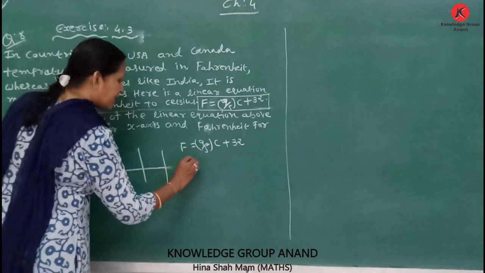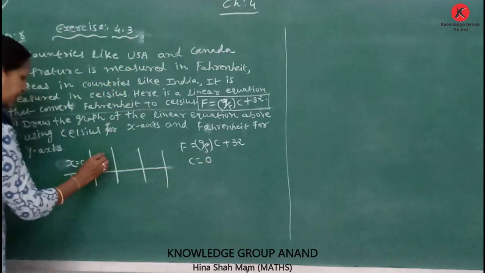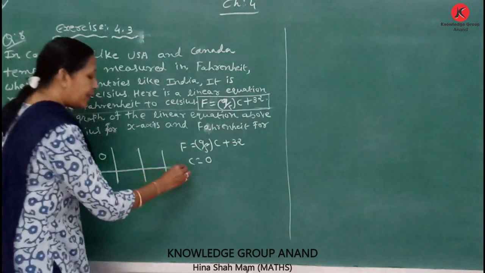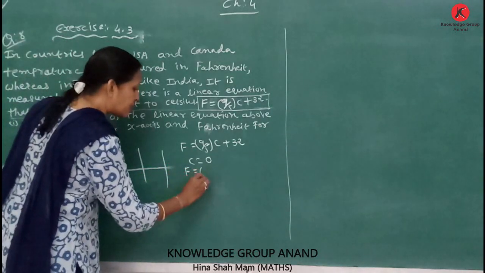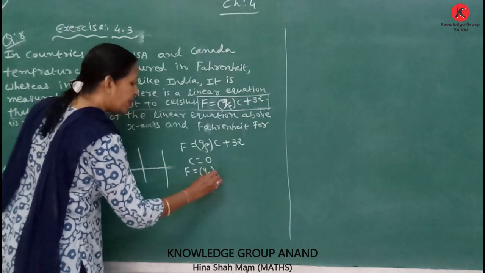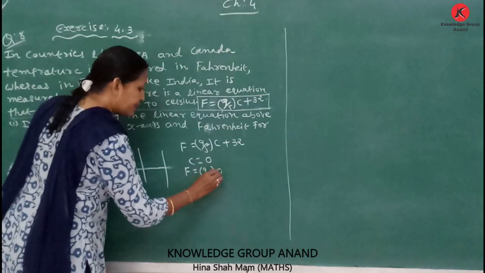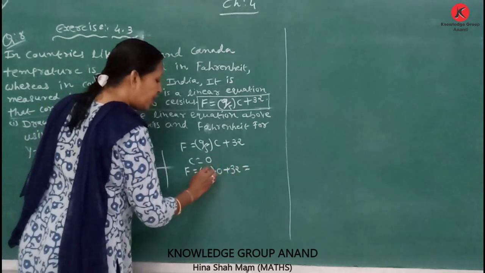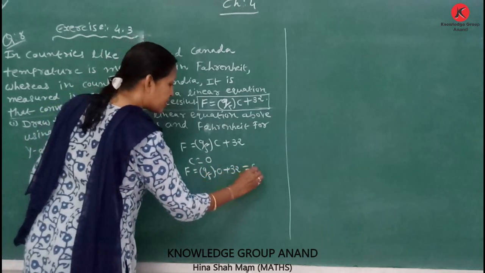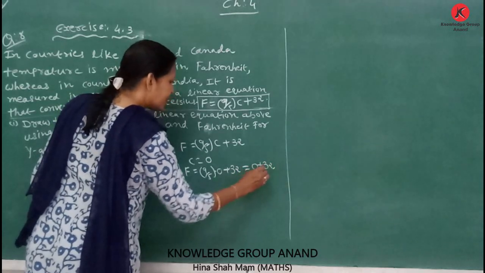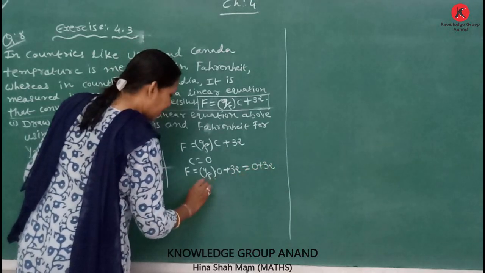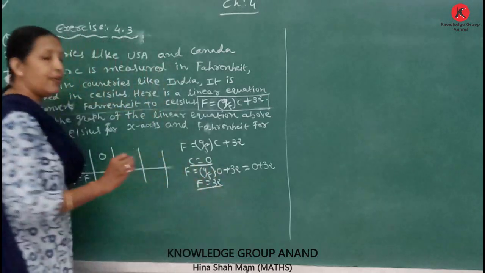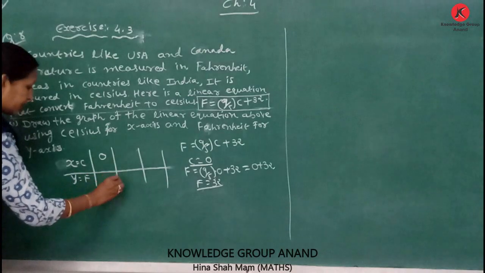Taking C is equal to 0, therefore F is equal to 9/5 into 0 plus 32. What is the value of 9/5 into 0 plus 32? So, F is equal to 32. When C is equal to 0, F is equal to 32.